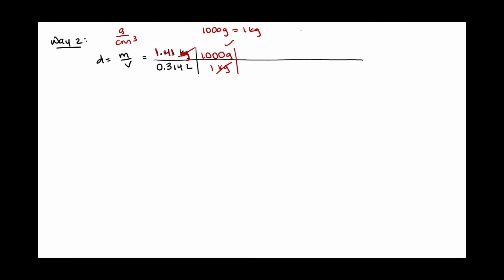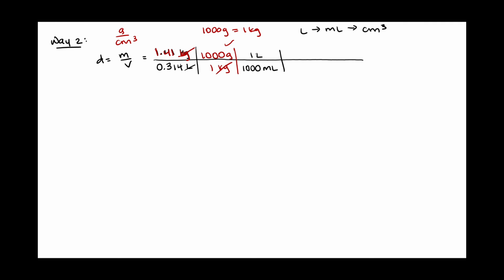We need to get from liters to milliliters to cubic centimeters. Instead of everything being what we want on the numerator, in this case, we're going to want the units that we're trying to solve for to be in the denominator. So I'm going to put 1 liter at the top and 1,000 milliliters in the denominator.